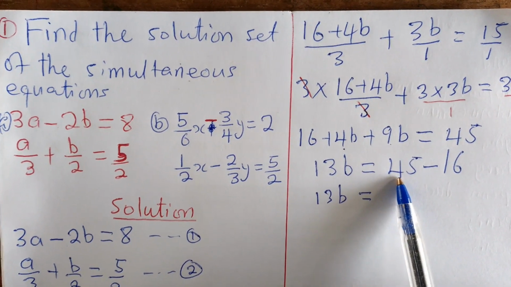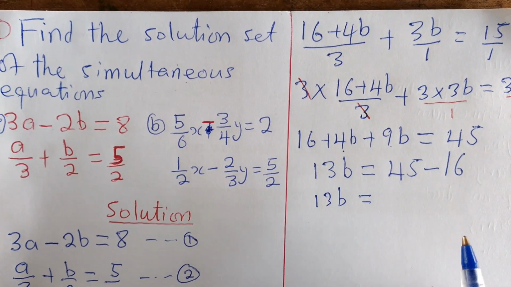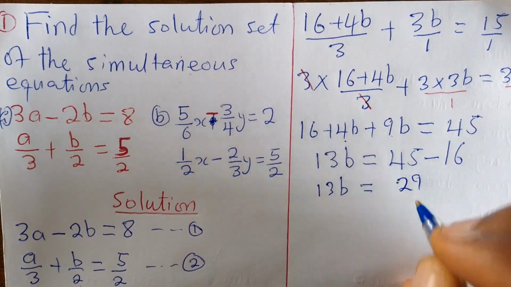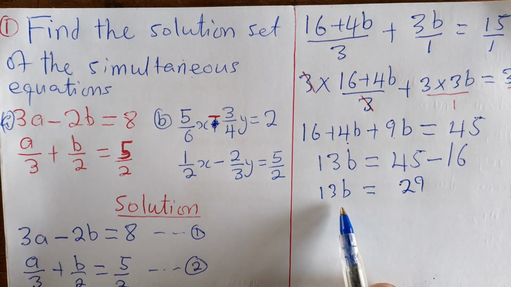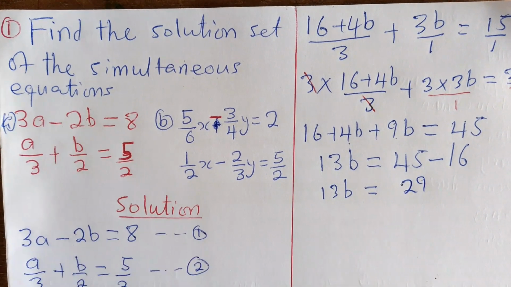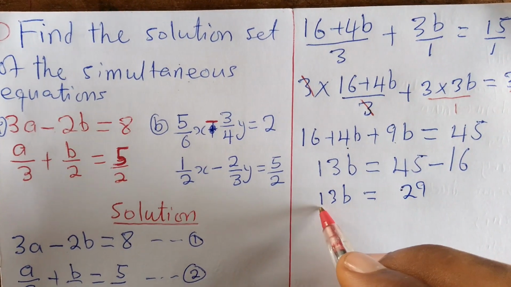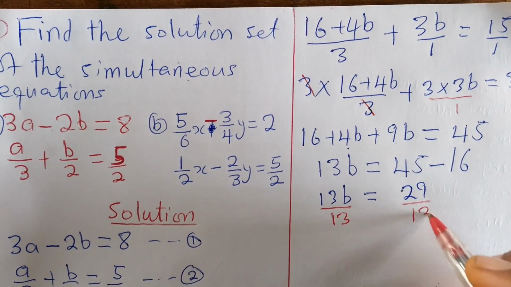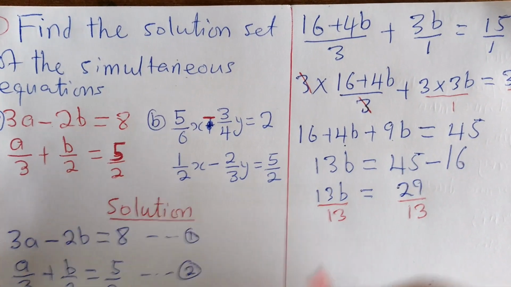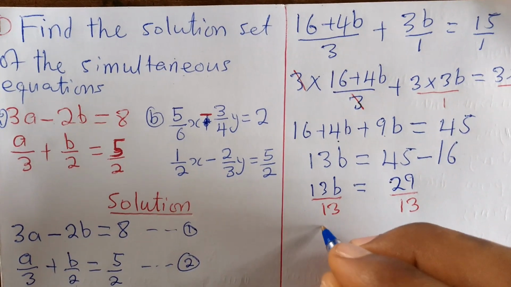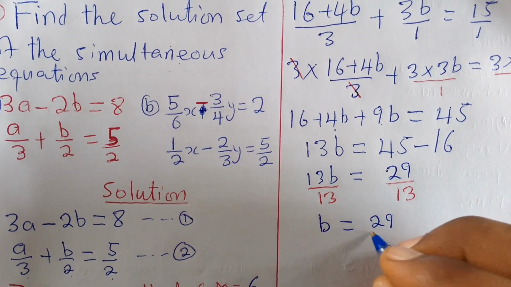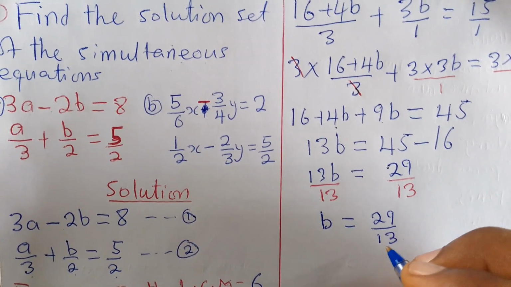So 45 minus 16 will be giving me 29. But don't forget I'm looking for b, so I'll divide through by the coefficient of b, which is 13. Here 13. Here also 13. So it means that my b is now equals to 29 out of 13.